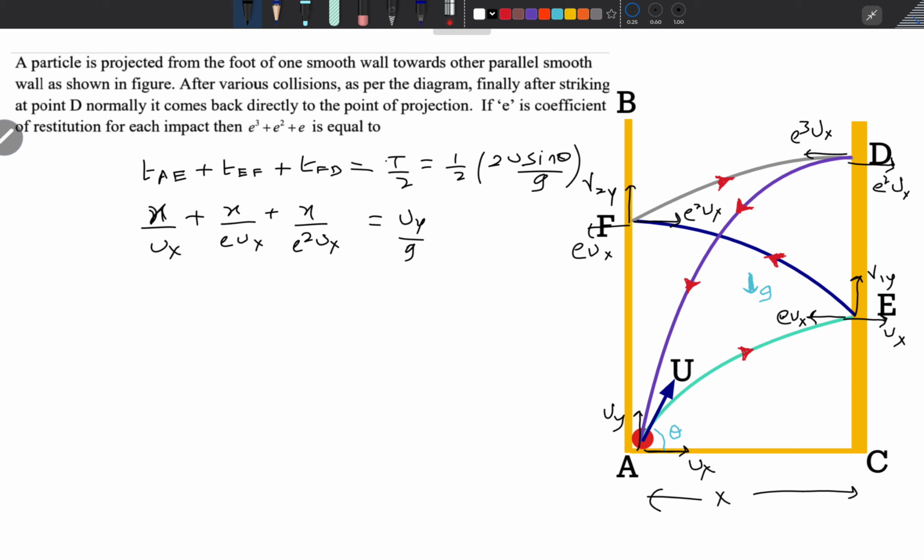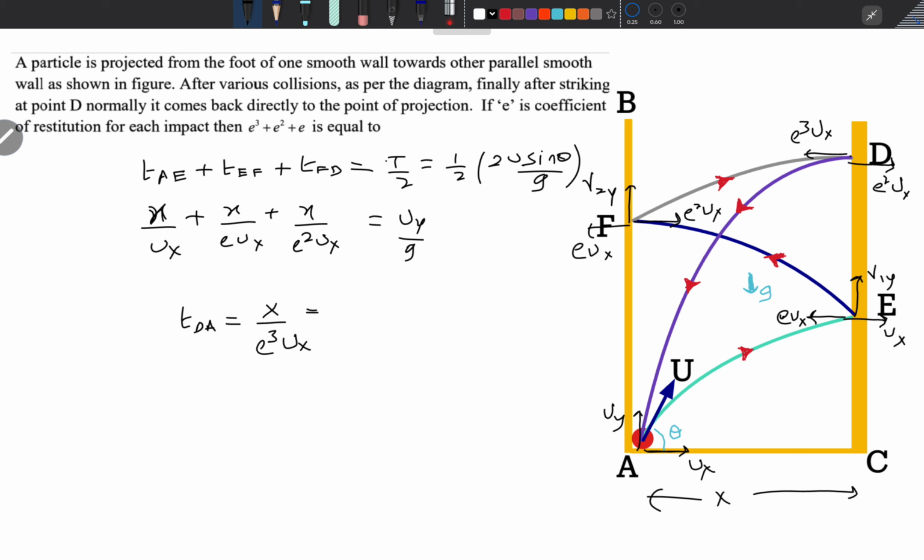Now the time taken to move from D to A depends upon the x component of displacement and the x component of velocity, so this will become x by e³ux.